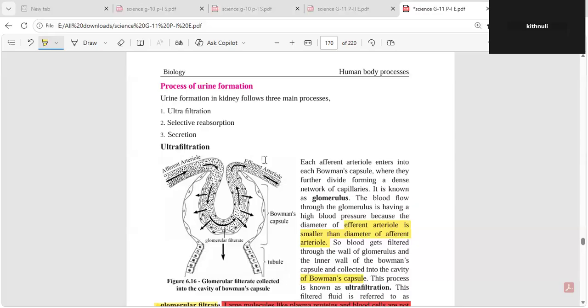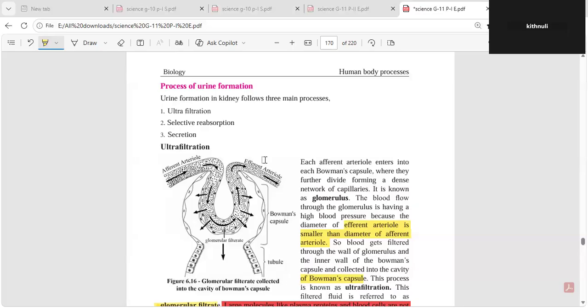That means the blood carried by the renal artery should be filtered out, and that filtrate again undergoes some reabsorption process, then secretion, and then forms the exact urine, right?